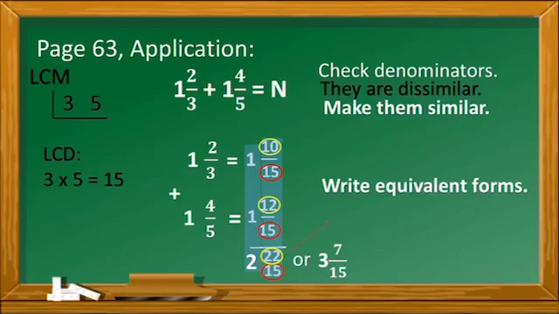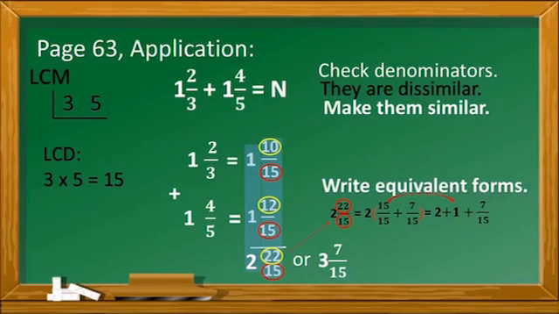Why? 2 and 22/15 is not yet in its simplified form because 22 is greater than 15. This is an improper fraction. So we regroup 22/15 into 15/15 and 7/15. Then, the whole number 1 is from 15/15.